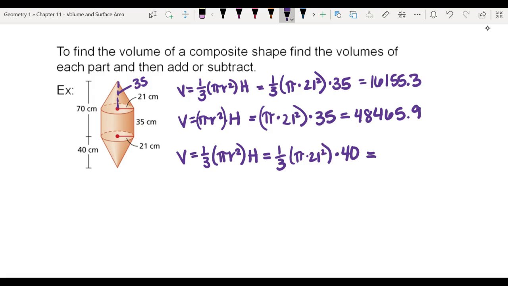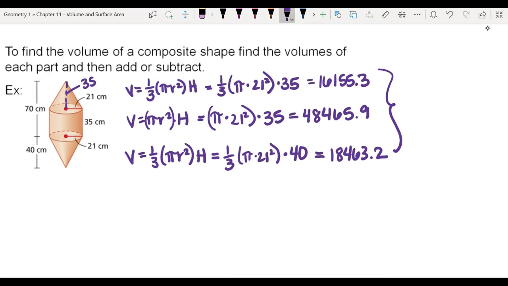And your bottom one is 18463.2. And then your final step is to add that up. Gets you 83,084.4. So you find the volume of each part, add them up, gets you your answer.